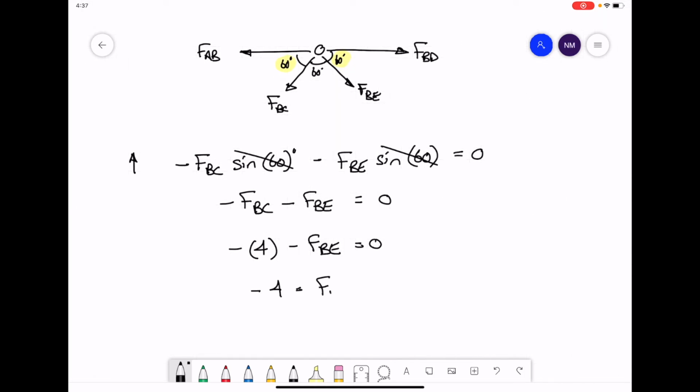Taking force BC to the other side makes it positive, so we have our first value here. Force BE is equal to negative 4 kilonewtons, the minus sign indicating a compression force.